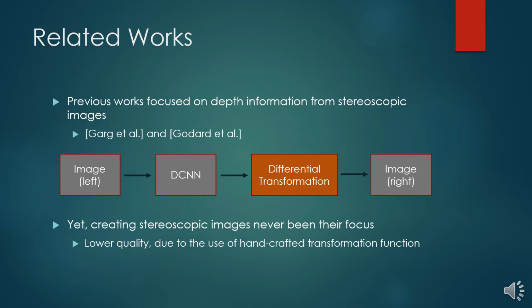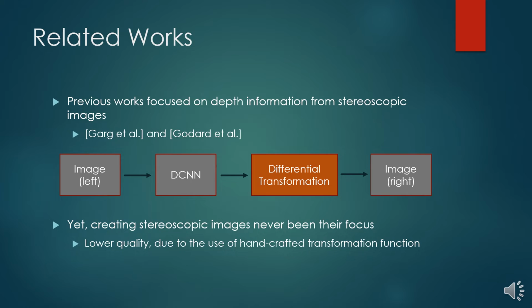The idea is that an input stereoscopic image, for example the image on the left or on the right, is input to a DCNN to create a depth map, and then they use the depth map as input to the differentiable transformation to create the image on the right. So overall, the idea is they can generate the other stereoscopic image in the pair.